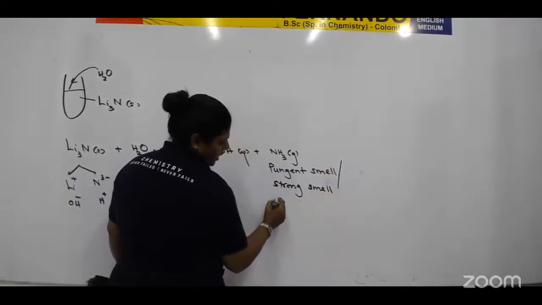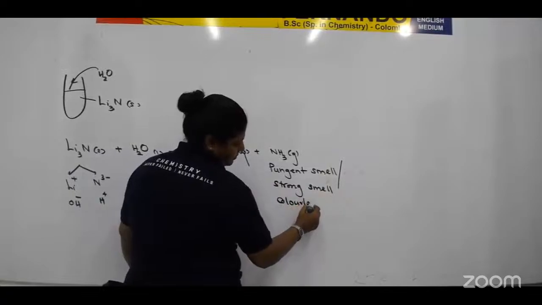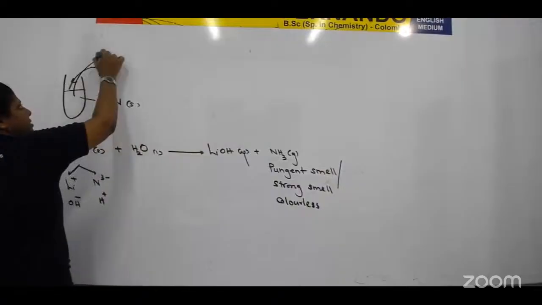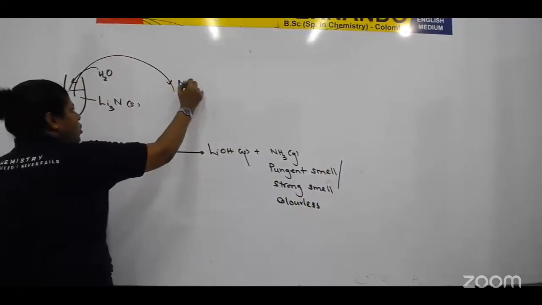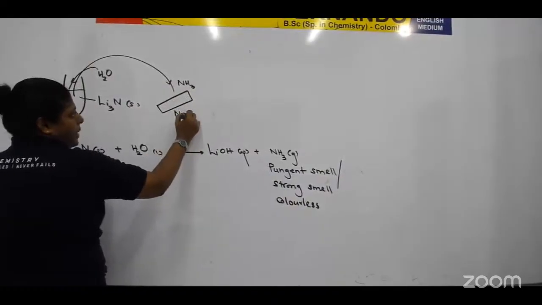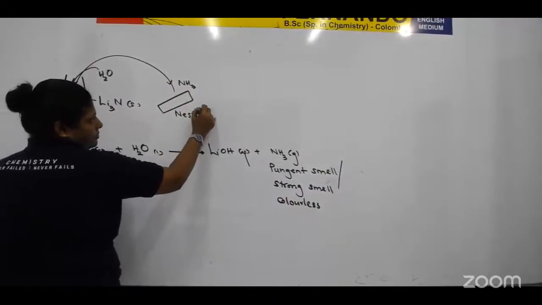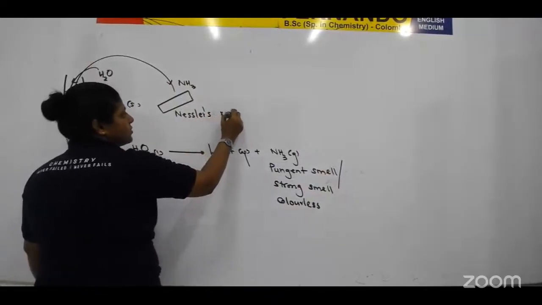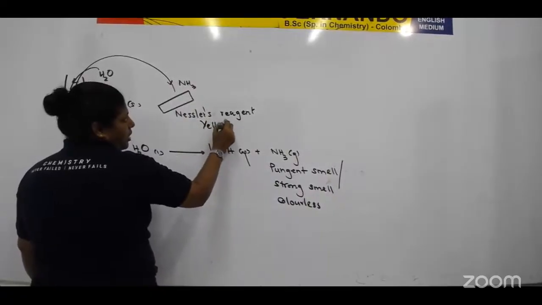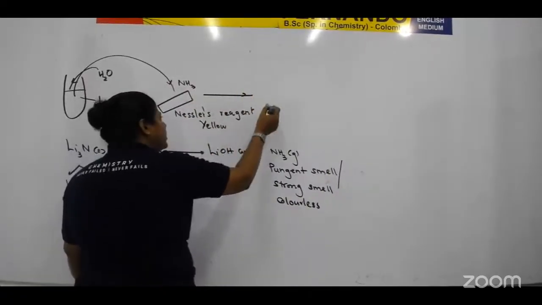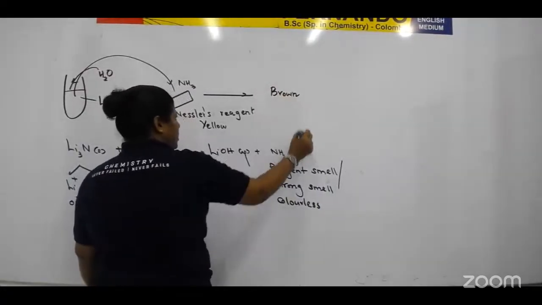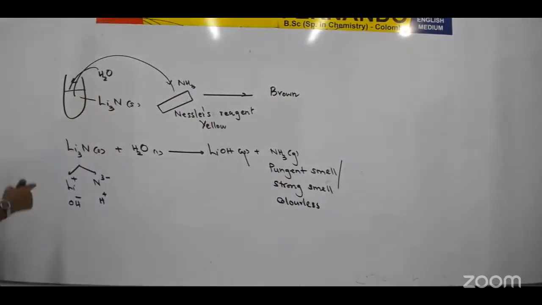But no specific color, right? Colorless gas. Then the released gas, ammonia, is held to paper wetted with Nessler's reagent. Initial color is yellow, but due to the presence of ammonia, yellow turns to brown. Please note down.